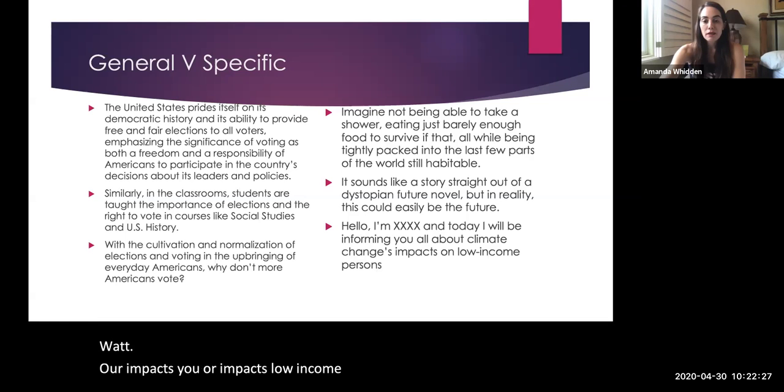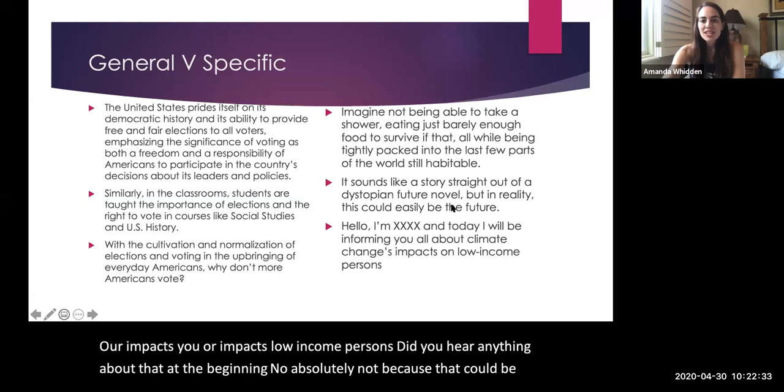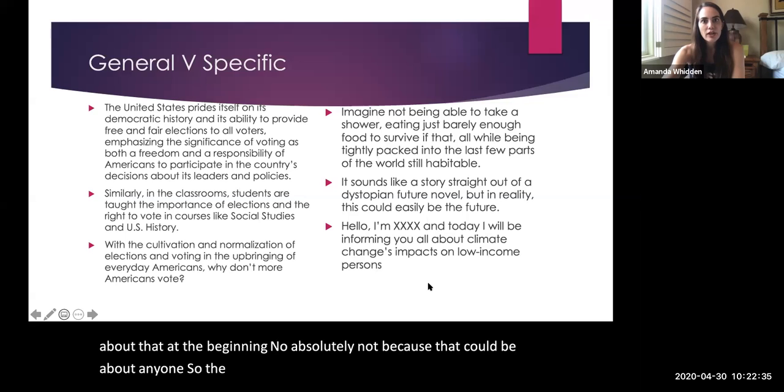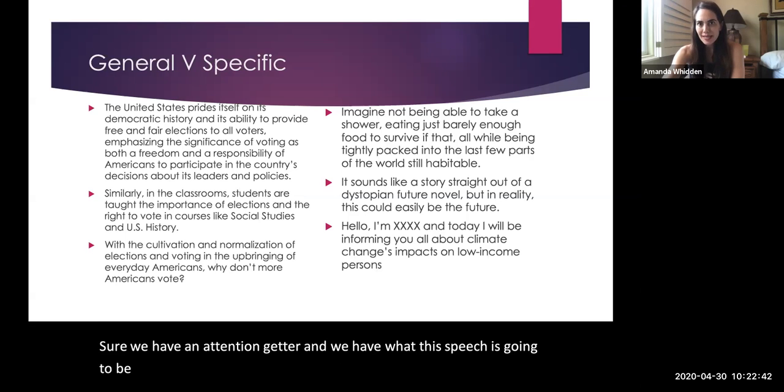Right. Did you hear anything about that at the beginning? No. No, absolutely not, because that could be about anyone. So the disconnect here is very confusing. Sure, we have an attention getter and we have what this speech is going to be about, but alas, nothing really makes logical sense for the audience. It needs to be connected.